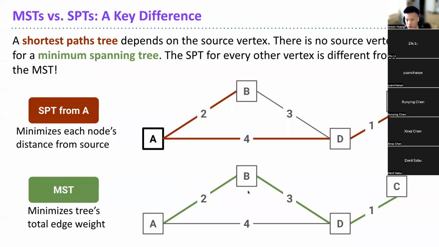It's just the tree that minimizes the total edge weight such that all of the nodes or vertices in the graph are connected. It doesn't have a concept of shortest distance. It just minimizes the tree's total edge weight in which every single node is connected to each other. Cool. Any questions so far?